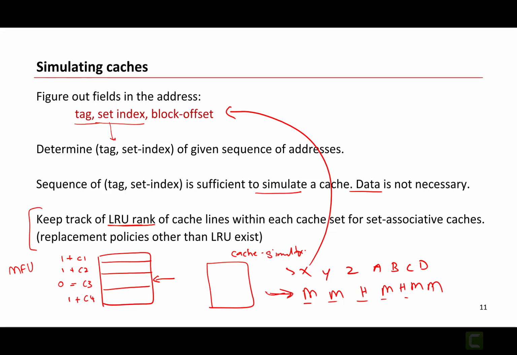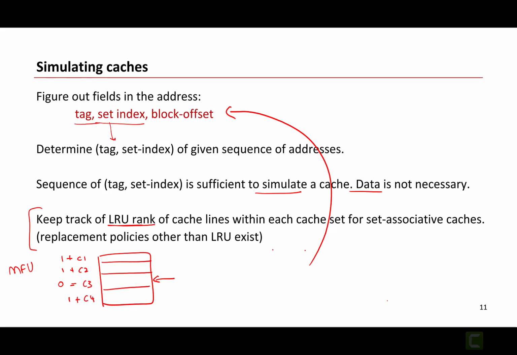So one thing I need to clarify here is that in the fully associative cache, you will be maintaining the LRU rank across all the cache lines because all the cache lines are part of one single set. But in the case of a set associative cache, that is not true.